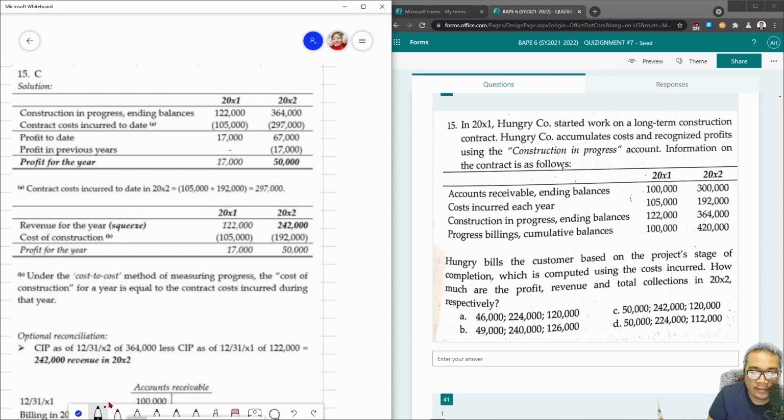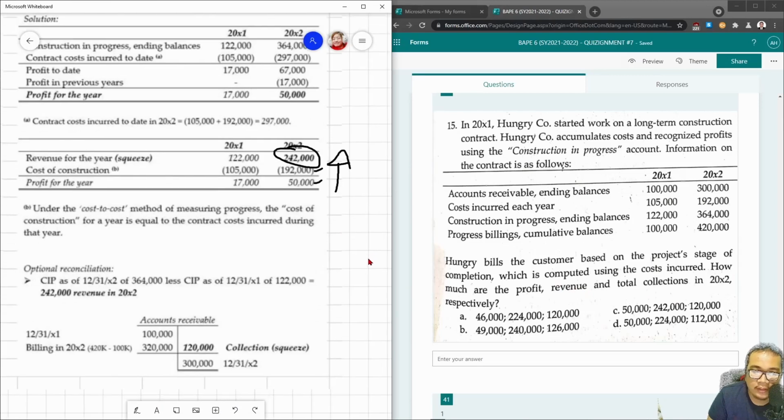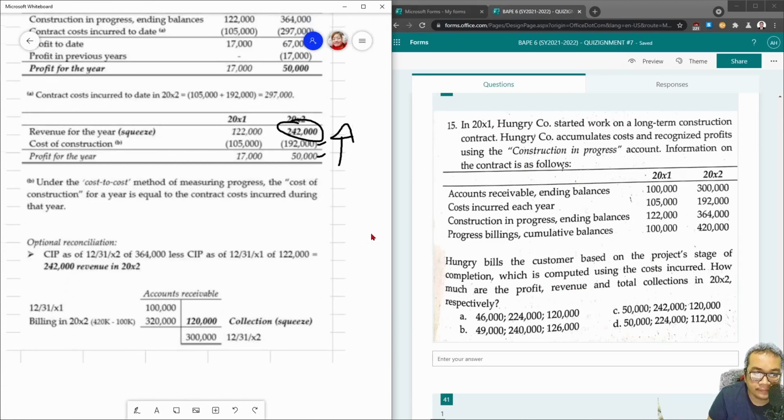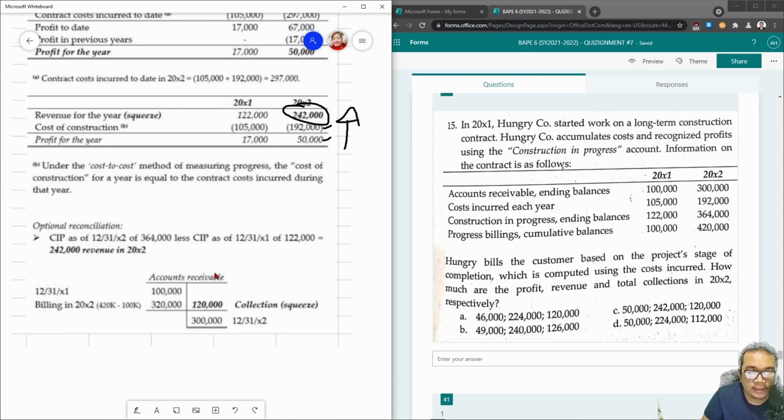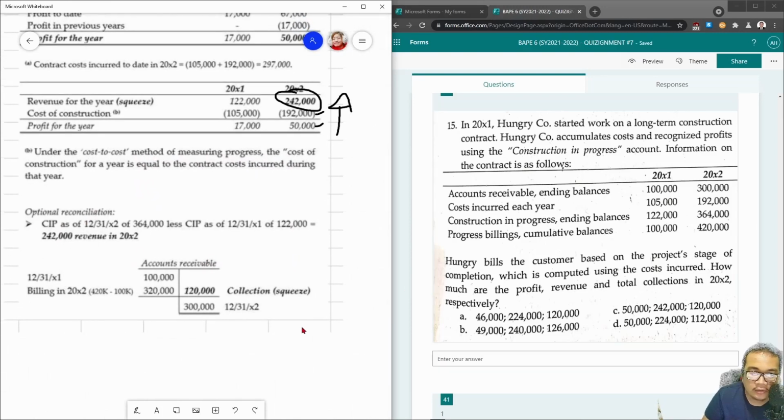O, di work back mo na lang. Kaya dito, 50k plus yung cost mo for 20x2 of 192, that is 242. O, meron na tayo niyan. Meron na tayong revenue. Now, under the cost-to-cost method, the cost of construction is equal to the contract cost incurred during the year. So, ito, optional reconciliation.